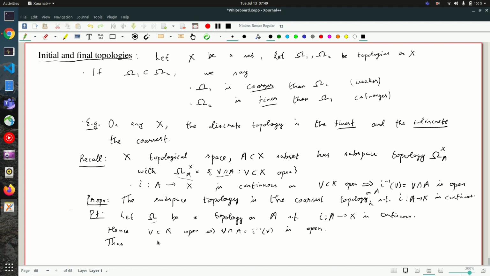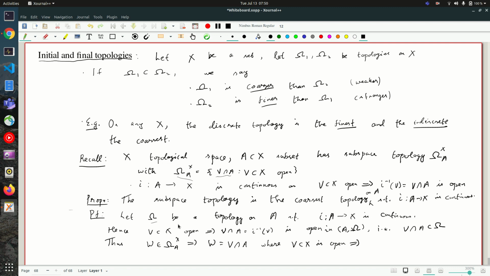Thus, let W in omega A X. This implies that W is V intersection A where V in X is open. This implies that it is open in A with respect to omega, that is, V intersection A is contained in omega. Okay, so that's what we wanted to clarify.